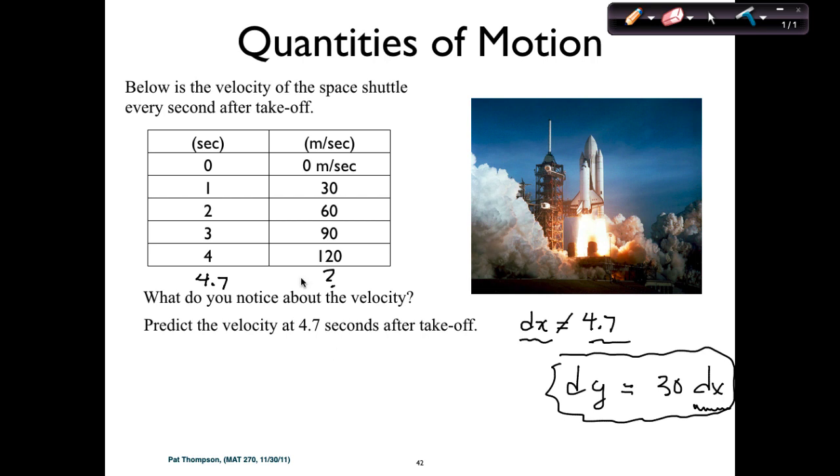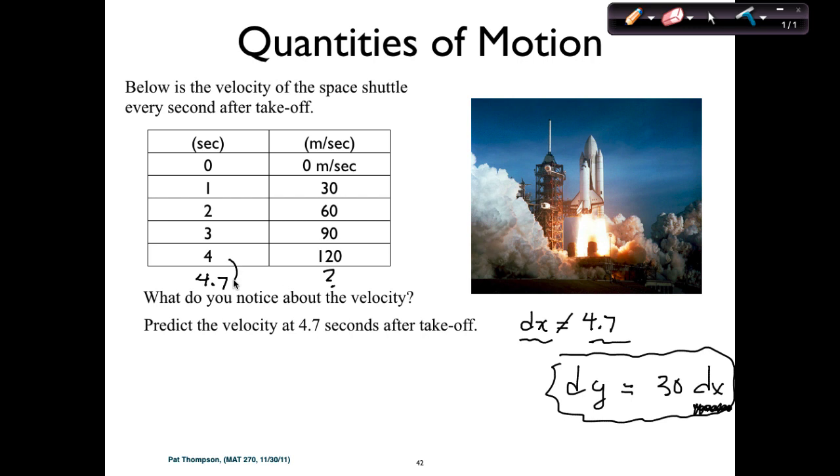Okay, so how can we use what we just talked about? Is there a good change in time that would be strategic here to help us find what the new velocity is at 4.7? Yes, sir? I used the table, so at 4 seconds it's 120 meters per second. And I use 30 times 0.7 because it's 4.7.